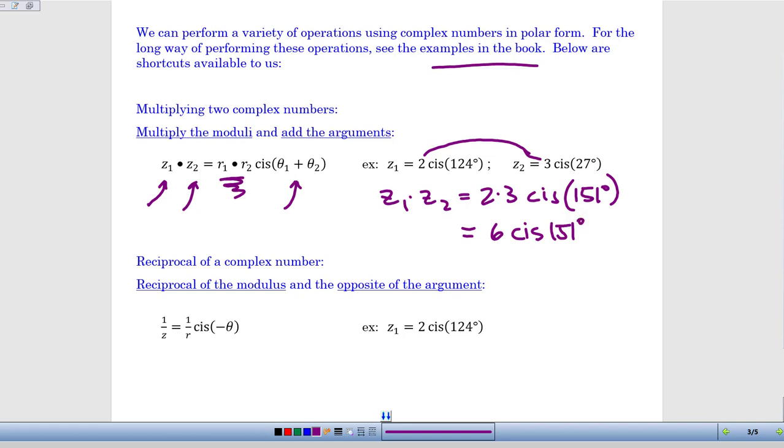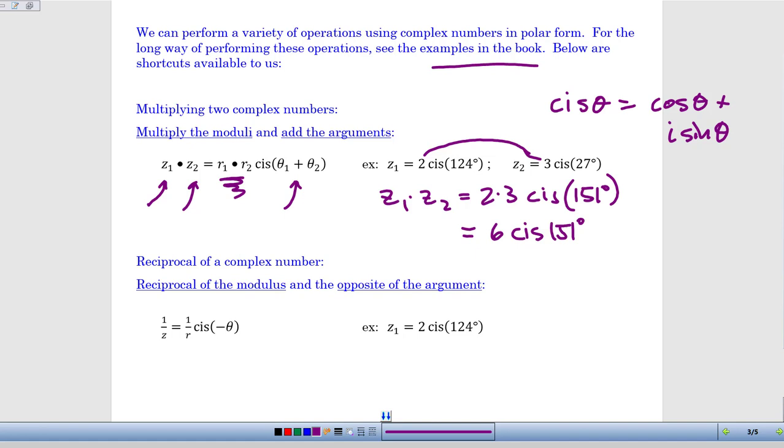And again, remember that this cis theta is cosine of theta plus I times the sine of whatever theta is. So it'd be 6 times cosine of 151 plus 6 times I sine of 151. And so that would be how we could convert it back to that rectangular form.